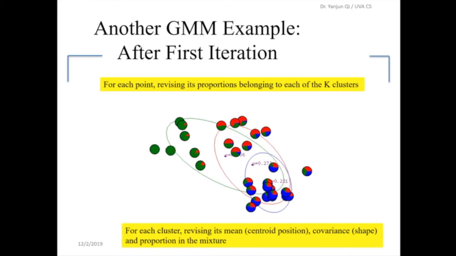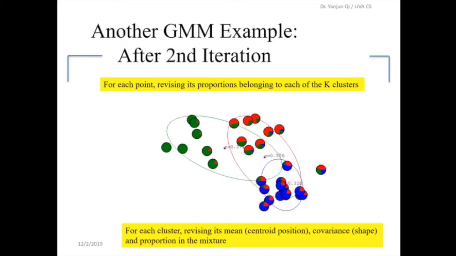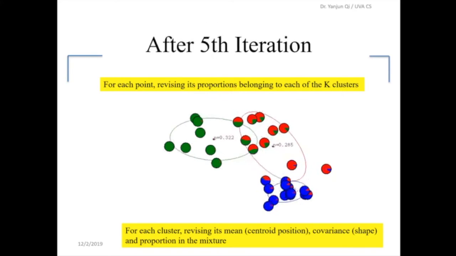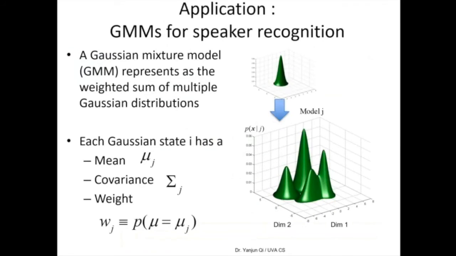So the blue one is 0.221. The red is 0.27. And the green, I think, is about 0.51. So the green cluster is the dominating cluster. I mean, those three numbers represent the ratio. And then you just keep doing it again.